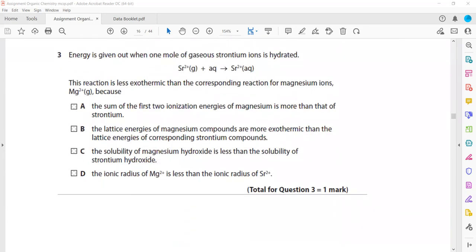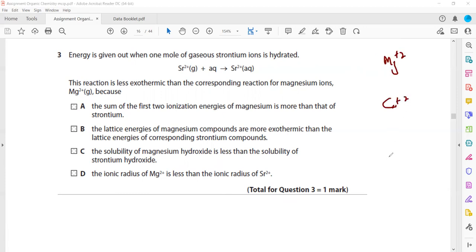Then this is about the hydration energy. Hydration energy is the energy released when the ions in the gaseous state are surrounded by water molecules in aqueous solution. So this is less exothermic than magnesium. What is the reason for that? Because as we go down the group, hydration energy decreases. Magnesium will have a higher hydration energy compared to calcium.